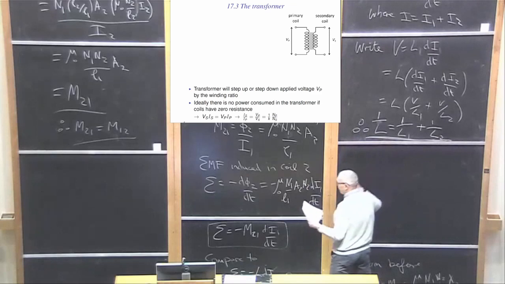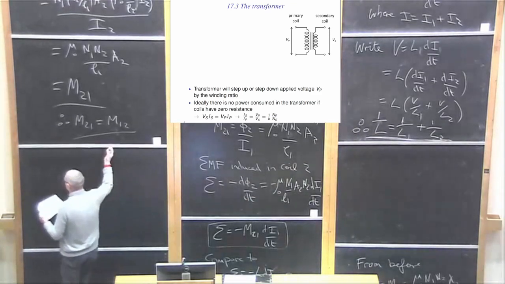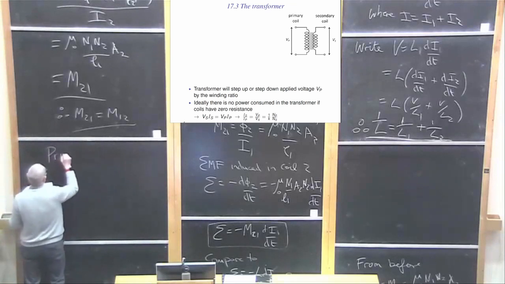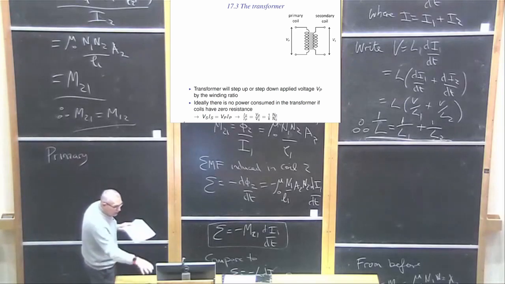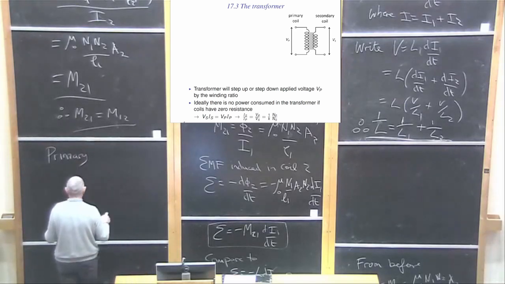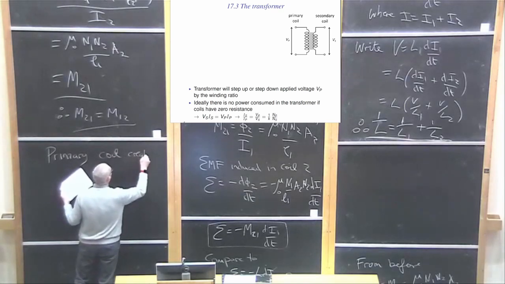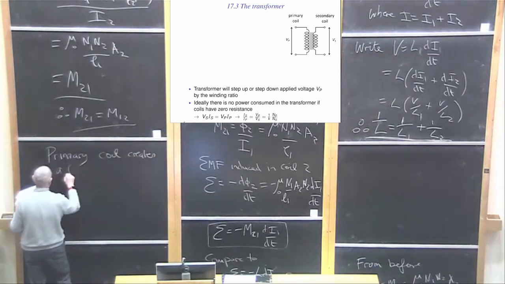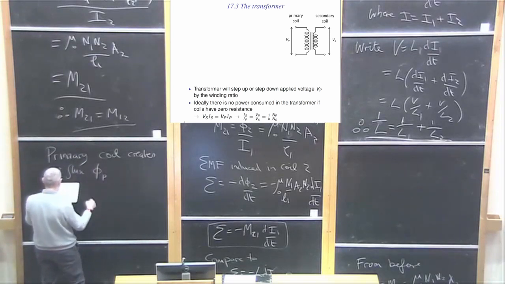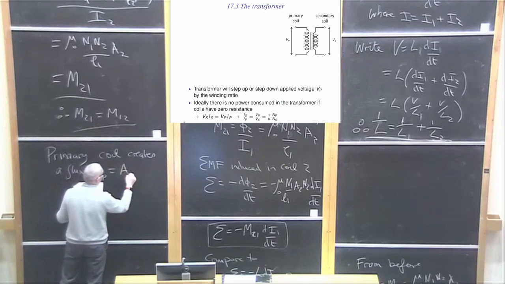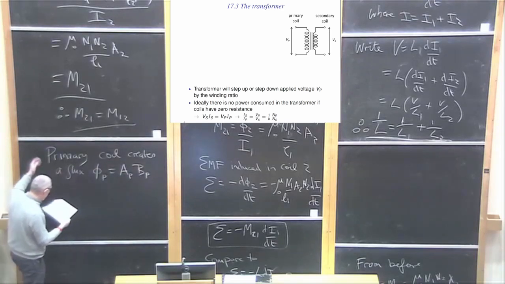I'm only just repeating what I've said. You have what's called a primary coil and a secondary coil. The primary coil creates a flux, which I'm going to call phi p for primary, is the area of the primary times the field in the primary.